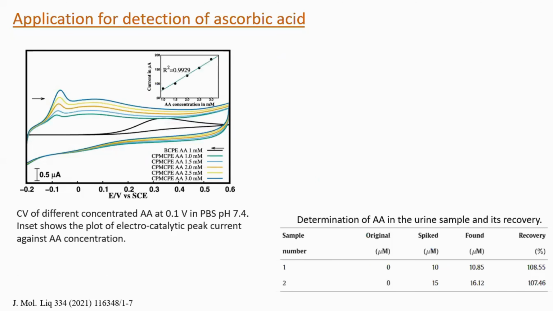And then this time we used this electrode for detecting another molecule known as ascorbic acid. Again, here we are able to detect the ascorbic acid in human urine samples. We got relatively very good results.